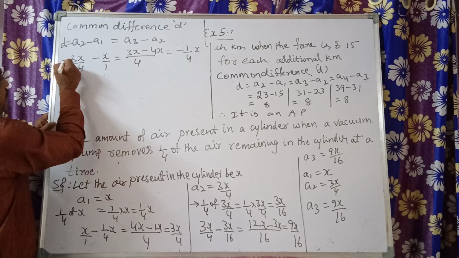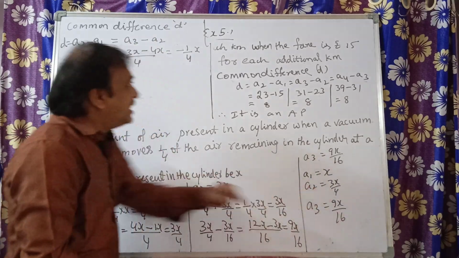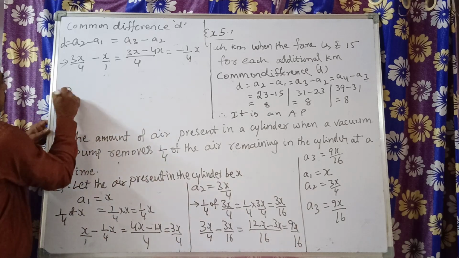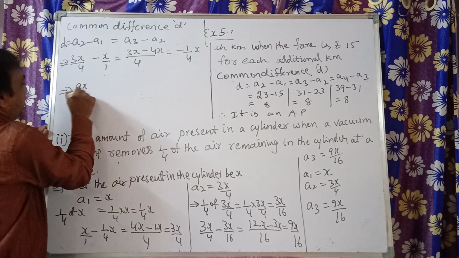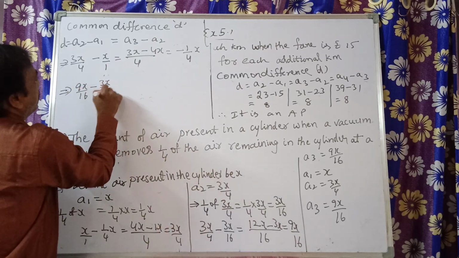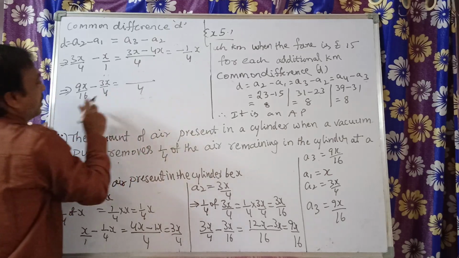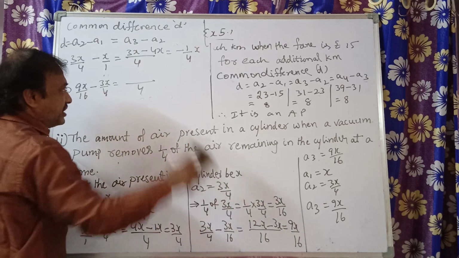In the second case, if you see A3 minus A2, what is A3? 9x by 16 minus 3x by 4. The LCM is 16.